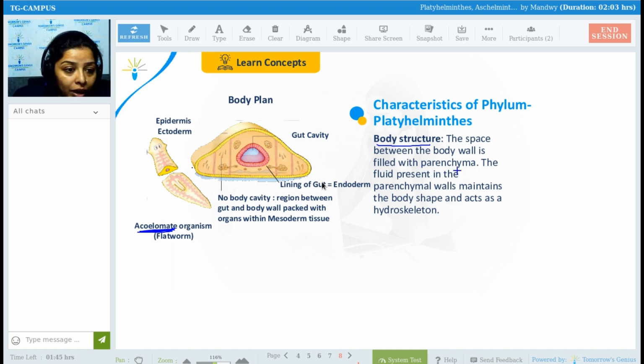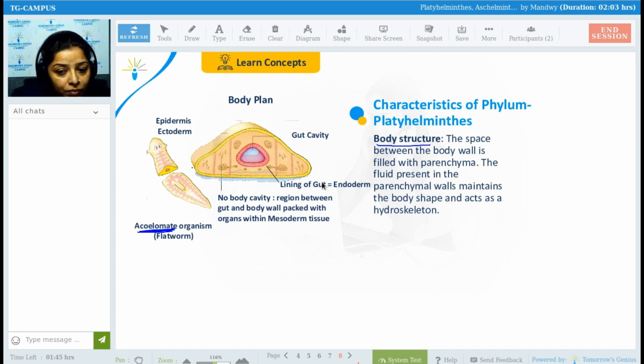Okay, in between the ectoderm and endoderm, they have a special kind of structure which is called parenchyma. It is not the parenchyma you have studied in plants. Are you getting me? The space, the region, or the area between the body wall and the organs is parenchyma. This parenchyma has a very important function: it provides body shape and acts like a skeleton.